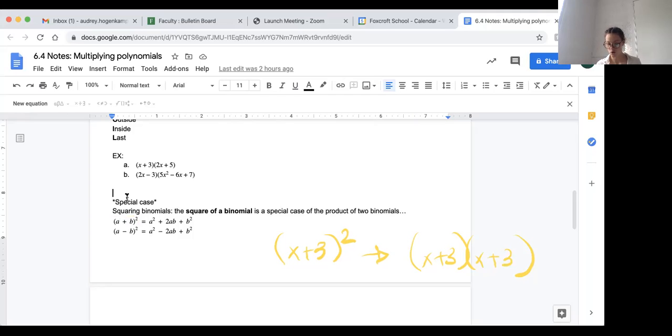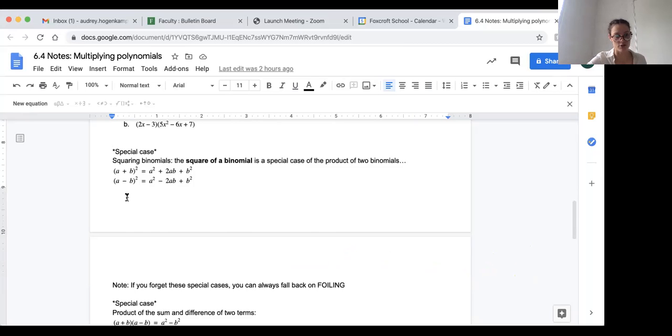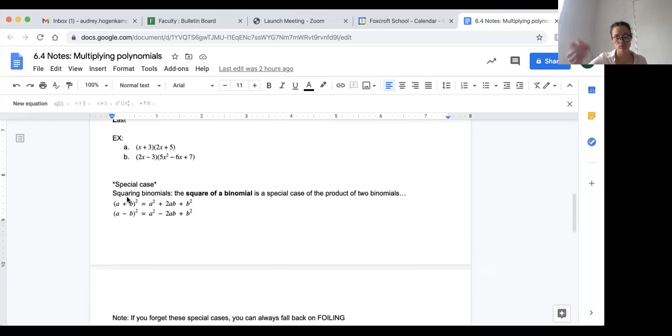And it's okay if you forget these because you can ultimately just FOIL everything out and get your same answer. But it's nice to know that and have some sort of example for it. So for example, if we had x plus 5 quantity squared, we know that a plus b quantity squared equals a squared plus 2ab plus b squared.